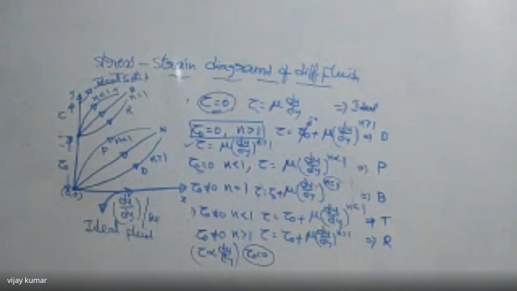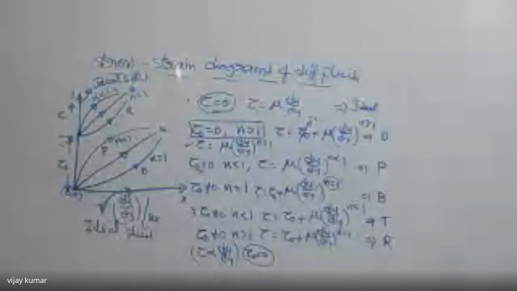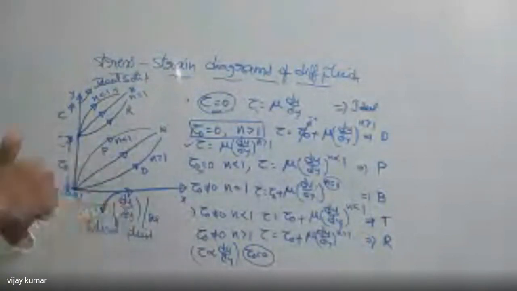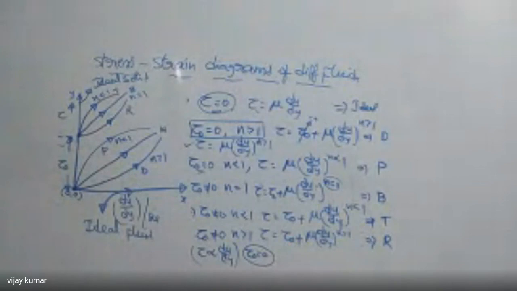For this analysis of viscosity, I want to give you one more point. Viscosity is due to cohesive forces in case of liquids. Viscosity is due to molecular momentum exchange between the particles in gases. So viscosity is a property which always reduces velocity. We can remember viscosity always opposes the motion.